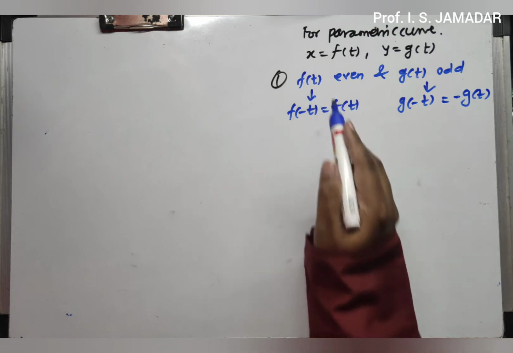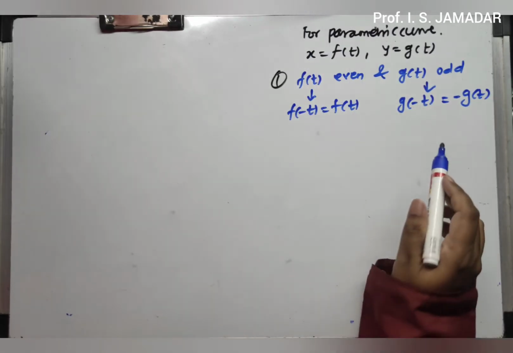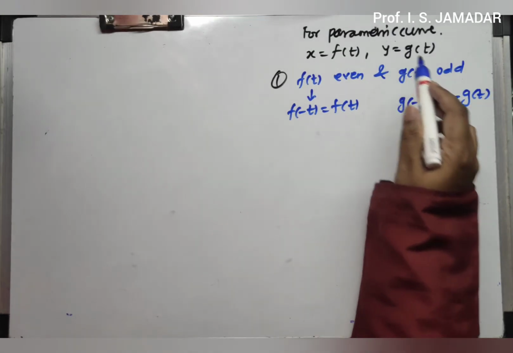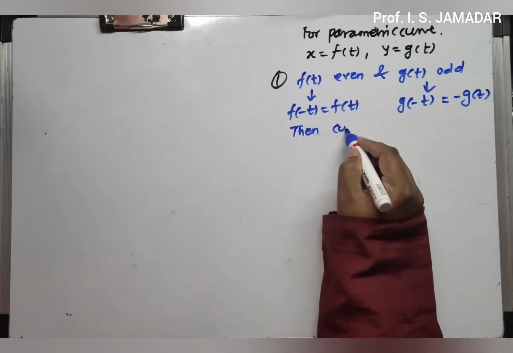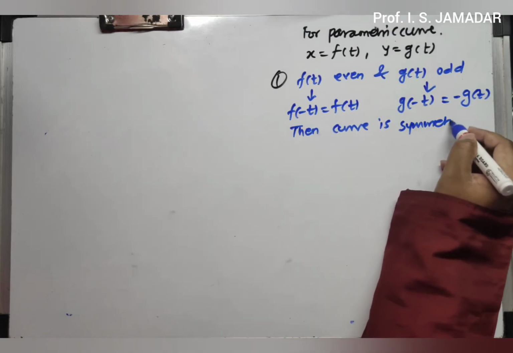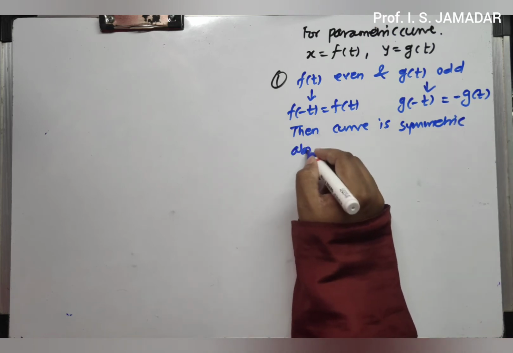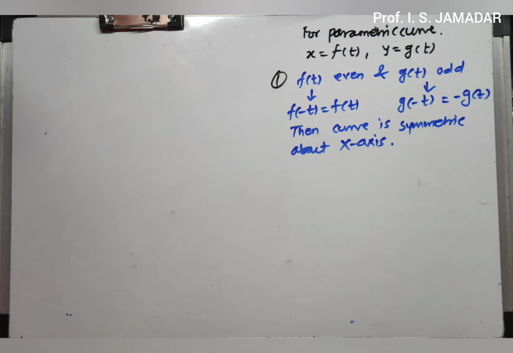After replacement of t by minus t, x remains unchanged and y changes in sign. Then the curve is symmetric about the x-axis.